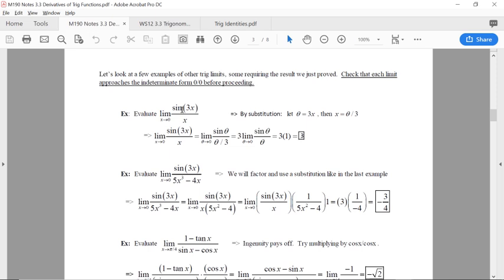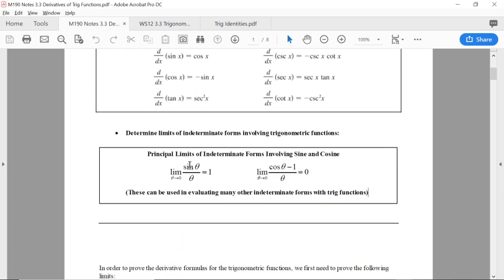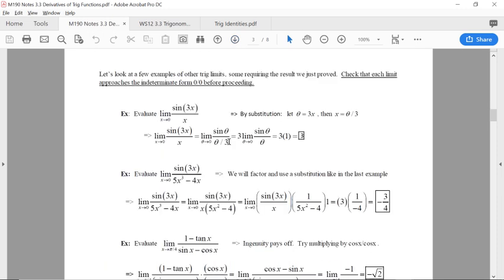And we chose a substitution so that we would end up with the sine of theta, because then we can relate it back to the original limit that we were already looking at, a limit where it was the sine of theta, not the sine of 3 theta, but the sine of theta. Now, if theta was already being used, we might choose a different variable like u, for instance. We could choose u to equal 3x or something like that. I'm just choosing theta to make it look more familiar, like what we already did.